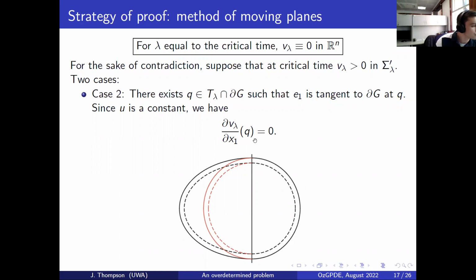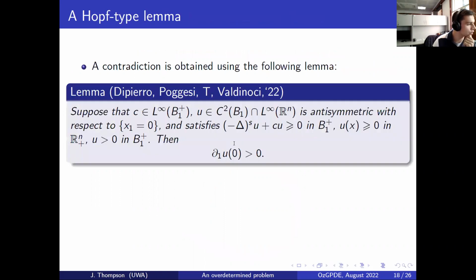And at this point, we can show that the derivative in the x1 direction is 0. Now, this isn't a contradiction at this point, so we need to obtain some kind of contradiction. And the contradiction comes from the following lemma, which was proved with Dipierro, Poggesi, and Valdinoci.